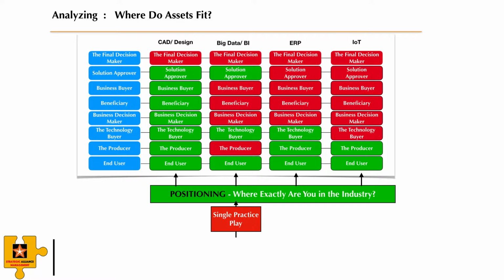For example, for big data, you can build a very specific asset, which is more of a single practice play, which means the data practice might be able to take, say, data or a low code asset for data, then stitch those data integrations in because you'll need data integration everywhere, and offer that as part of the solution.